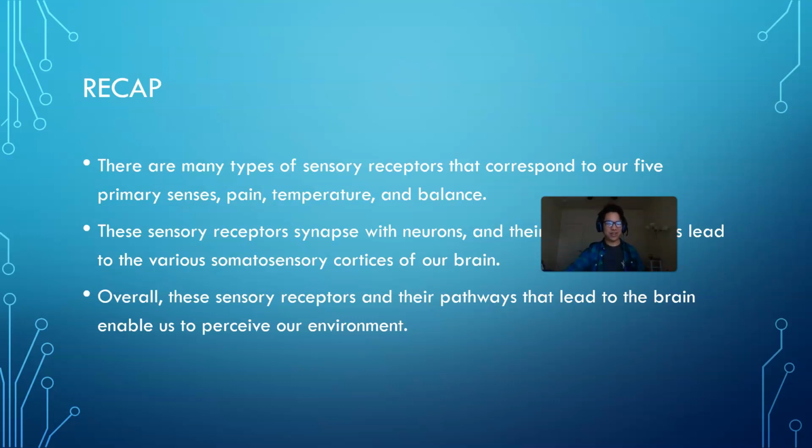These sensory receptors synapse with neurons, and their action potentials are propagated along our brainstem to the various somatosensory cortices of our brains. Again, not all lead through the brainstem, but they typically do. Overall, these sensory receptors and their pathways lead to the brain and ultimately enable us to perceive our environment. So these are all very important.